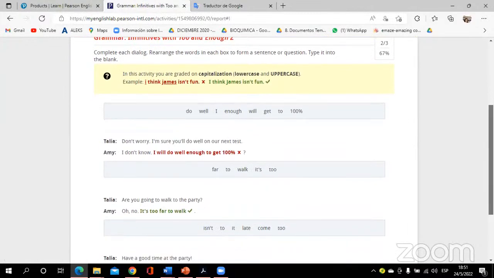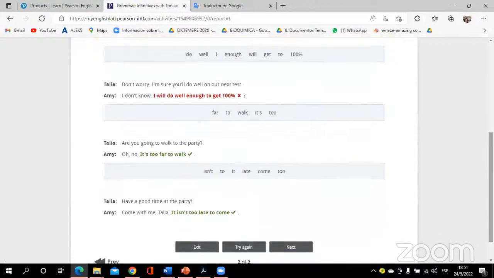So this first one, many students have the same error. Okay, and why? Let's see. In this case, it is because in the words that we have, will and do, right?